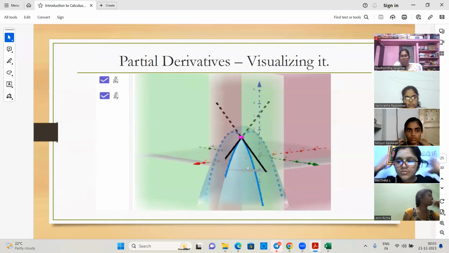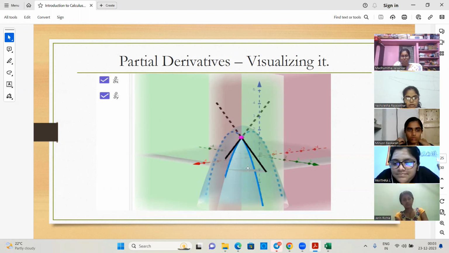We know that dou f by dou x and dou f by dou y can be represented together. When we use the term gradient, we mean both dou f by dou x and dou f by dou y put together. Can we imagine that as a vector? Yes.